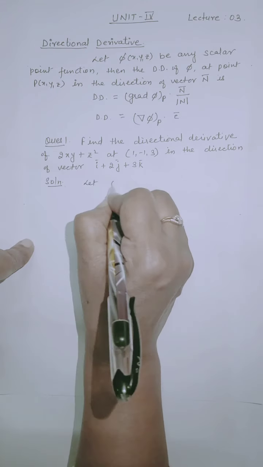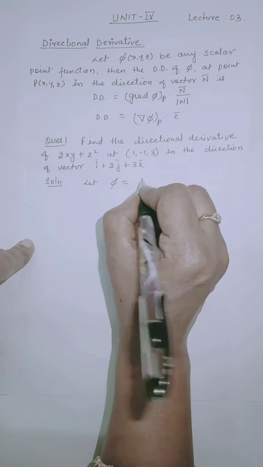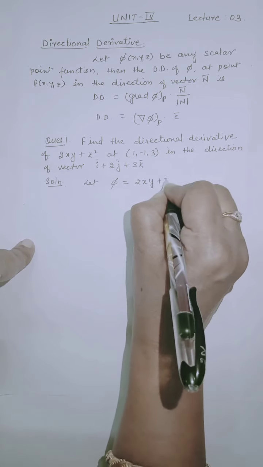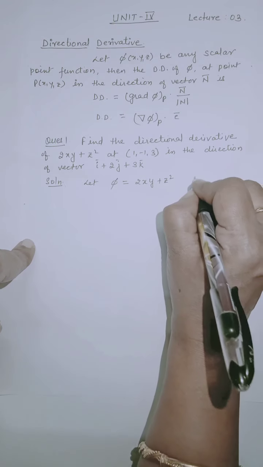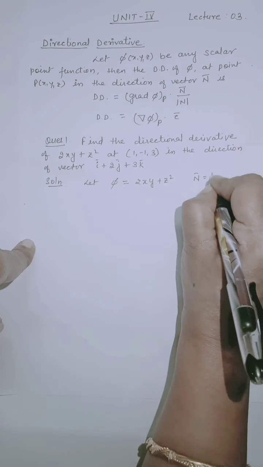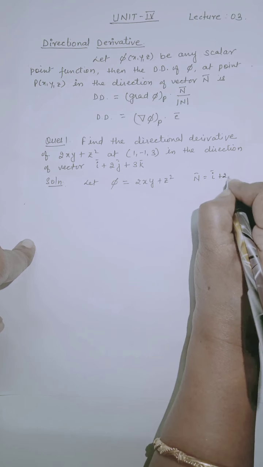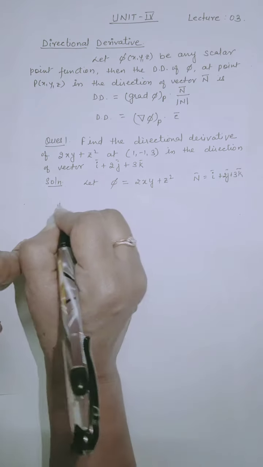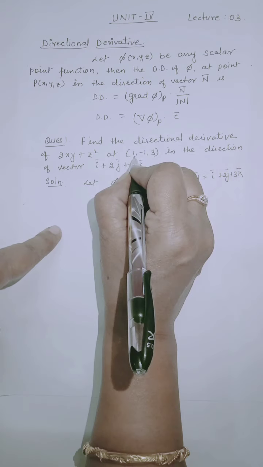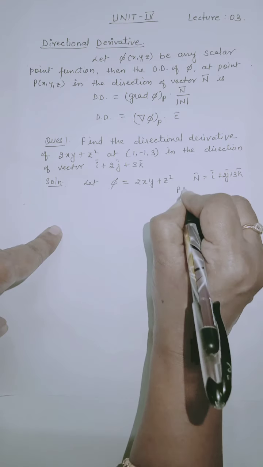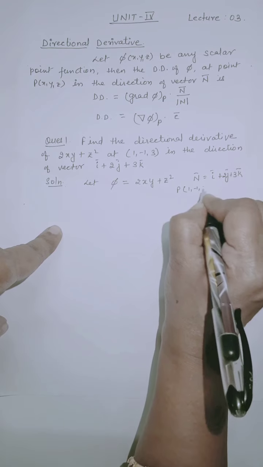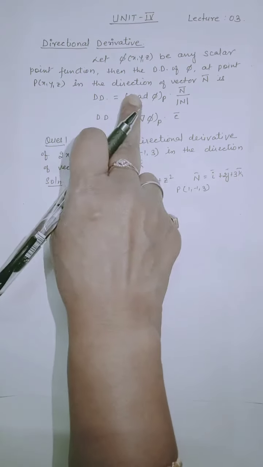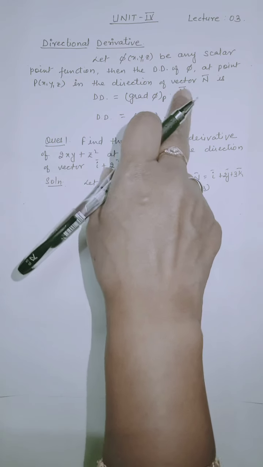So let phi is equal to your given function 2xy plus z square. Your vector n is I plus 2j plus 3k and the given point P is 1 minus 1 3.